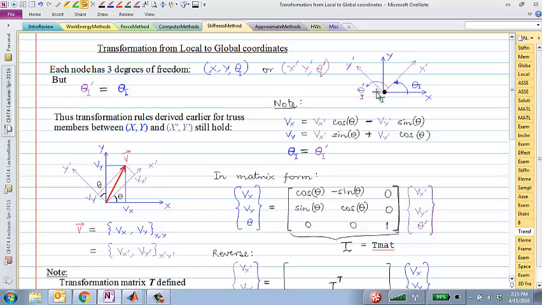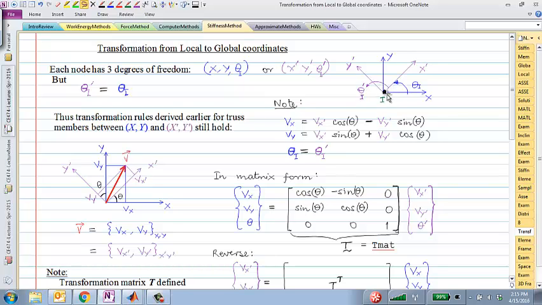A vector is a vector, and it will transform exactly the same way between two different coordinate systems. So we've already done all of that. We know how to go from x prime, y prime to x, y. Right? We know how to go between local and global using that transformation matrix. The only thing extra here is that we have this rotational degree of freedom.